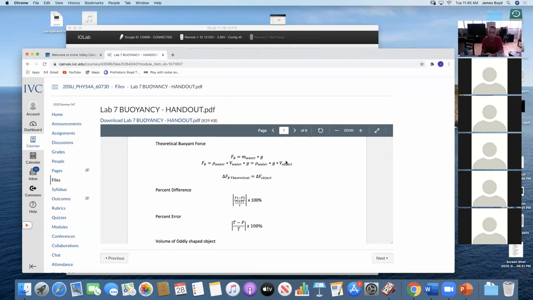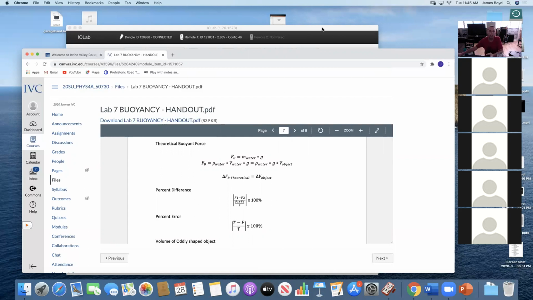So I get 3.35 times 10 to the minus fifth. If I multiply that by the density of water, which is 1,000, times the acceleration of gravity, which is 9.8, I get a buoyant force of 0.328 newtons.